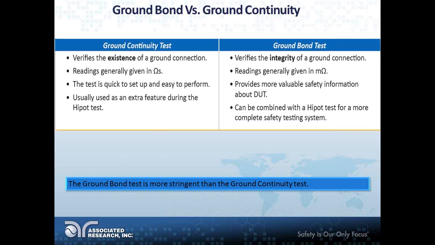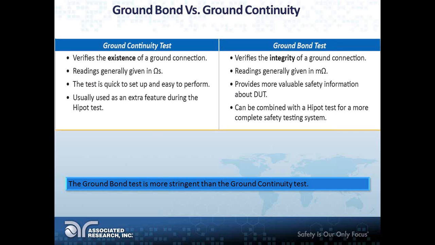Your readings for a ground bond test are generally given in milliohms, and to me, it provides more valuable safety information about the DUT. It can also be combined with a high pot test for a more complete safety testing system. Actually, on our Omnia units, our Omnia 2 series, we have a feature called Dual Check, which will simultaneously run your ground bond, not continuity, it will simultaneously run your ground bond and high pot tests.